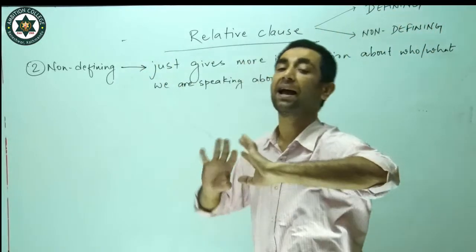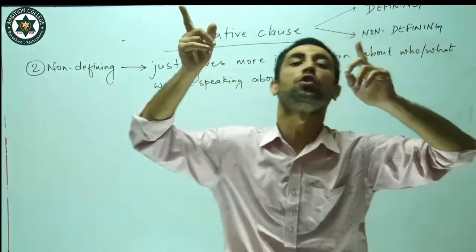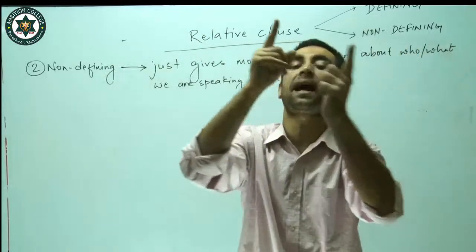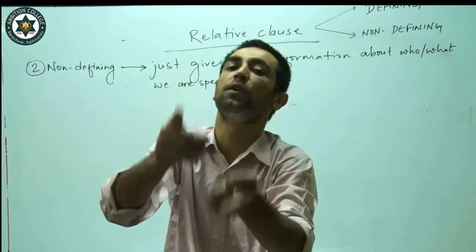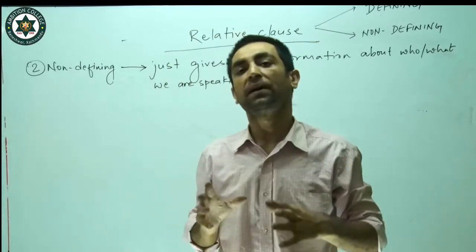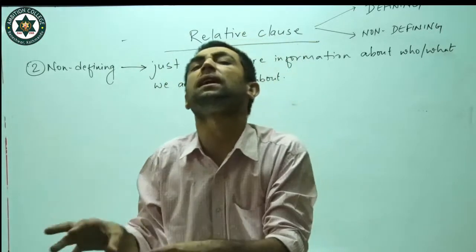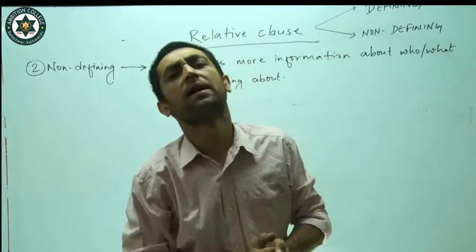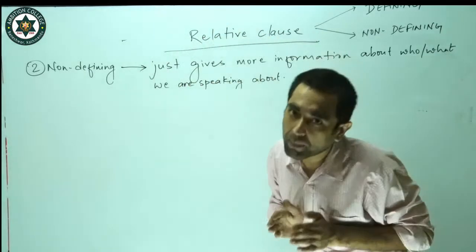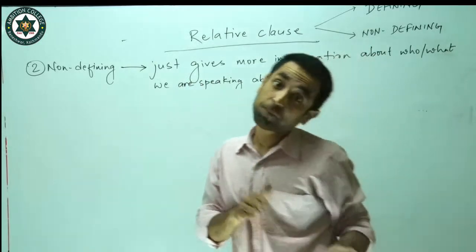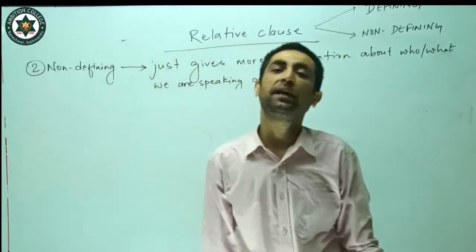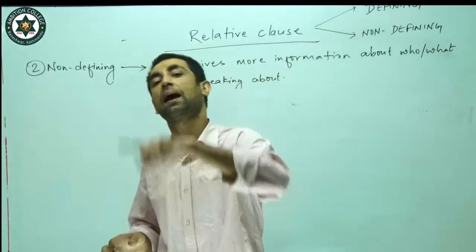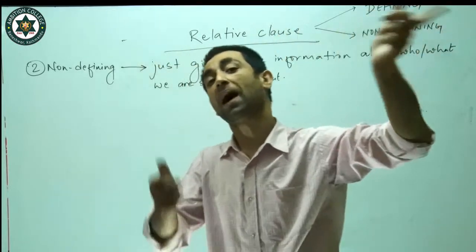But this clause, whom I hadn't seen for years, is not providing the essential information that can be used to define Alan. But it is providing additional information, merely some facts about the noun we are talking about. We are talking about Alan, but Alan's property is not being explained by this relative clause.